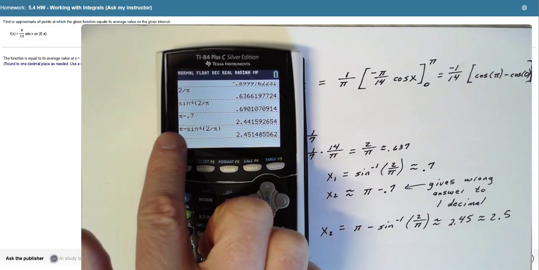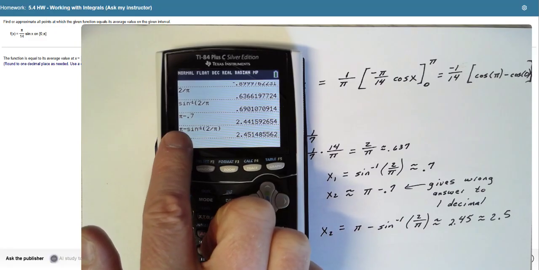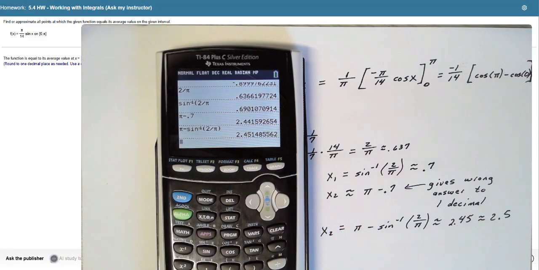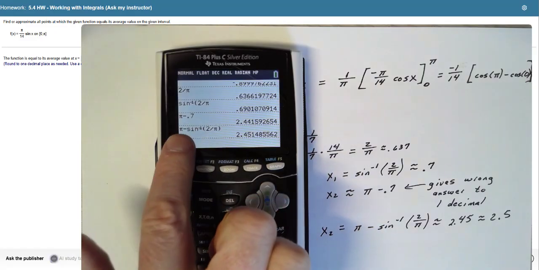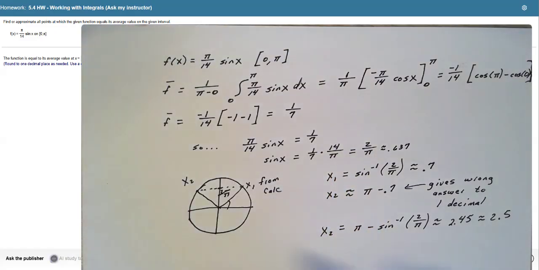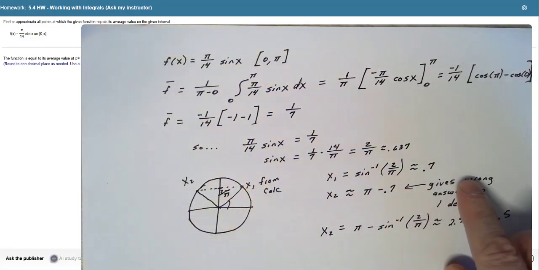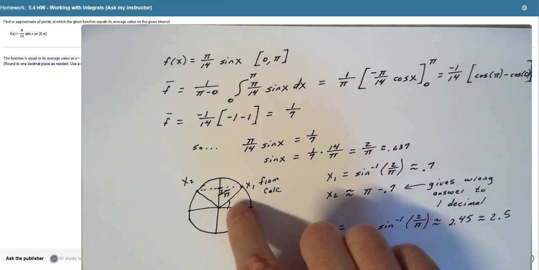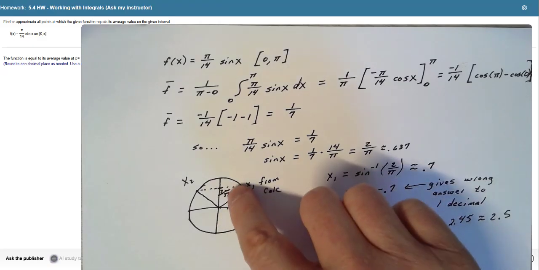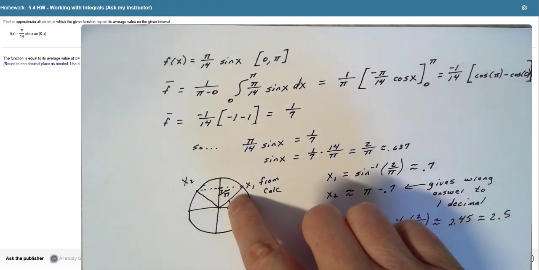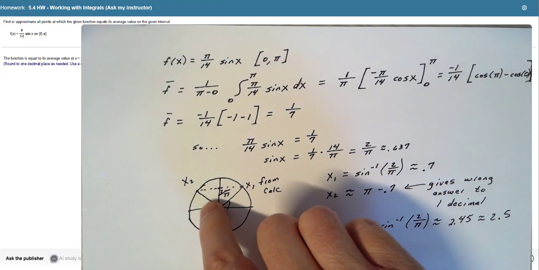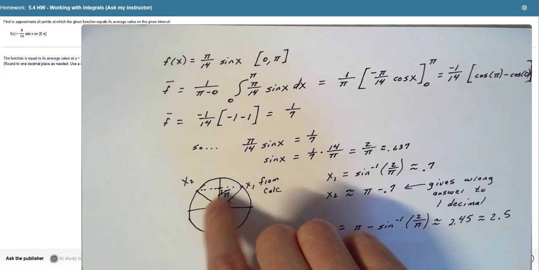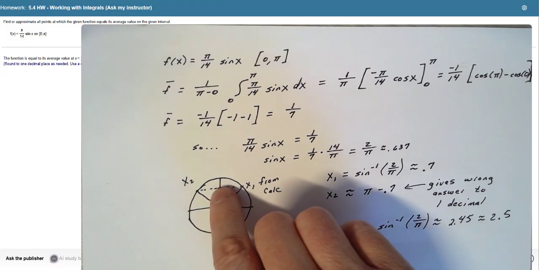That's not the answer that they want. So to get the other answer, you're going to need to find the exact value first, then round that answer to one decimal place. We know that if you have to rotate 0.7 radians to get from the x-axis to where the sine is 2 over pi, then you're going to have to rotate that same angle from pi to x2.